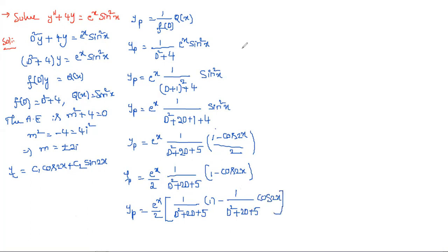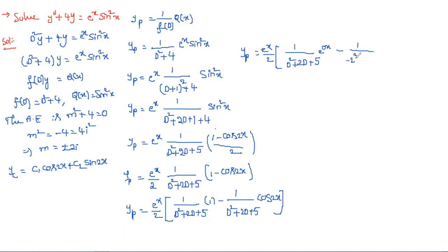And now yp is equal to e^x by 2. If you want, you can write yp1 and yp2 and calculate separately. I'm writing directly: the first one is e^0x, minus 1 by, this is cos 2x, so you can substitute in place of D squared as minus 2 squared.